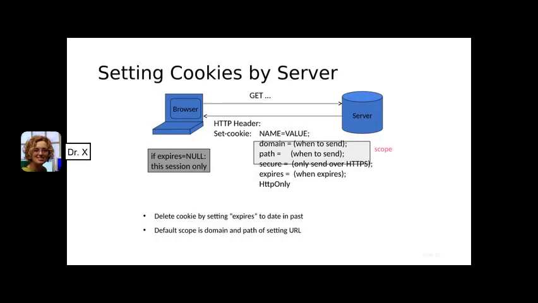Back to the cookie jar and how cookies are set by the server: you can see that there's an expiration date for the cookie and then the scope of the cookie, which is defined by the domain and the path of the setting URL. So this is something important to keep in mind.